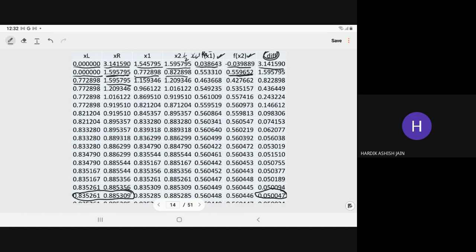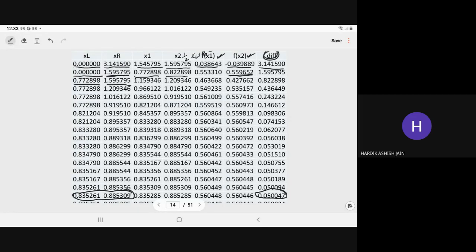So with some tolerance criteria, some stopping criteria, we have to stop. That stopping criteria is that the length must be less than 0.05. So when we have that, the middle point, we assume that is the optimum point. It may or may not be the exact point, but it is close to the exact point. Clear?